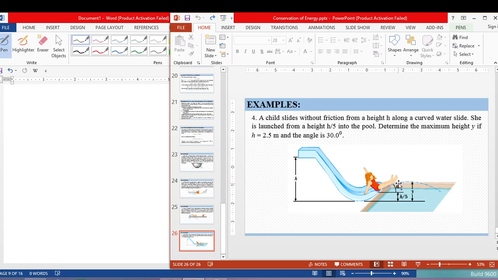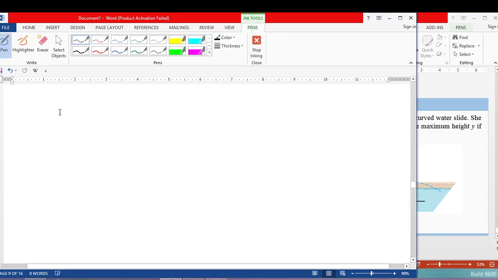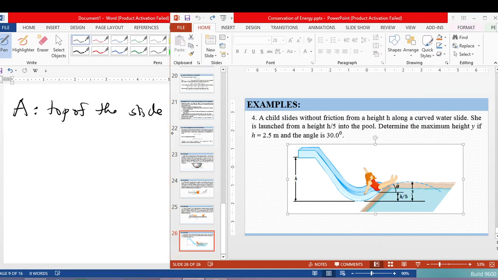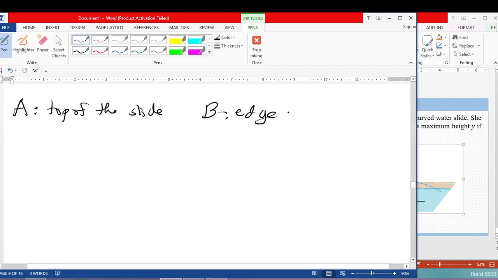So we have to find first the velocity of the child, di ba? So basically at point A, we have to chop-chop na to ang mga event, okay? So at point A, nasa top of the slide ang bata. At point B, naa na siya sa edge of this slide.